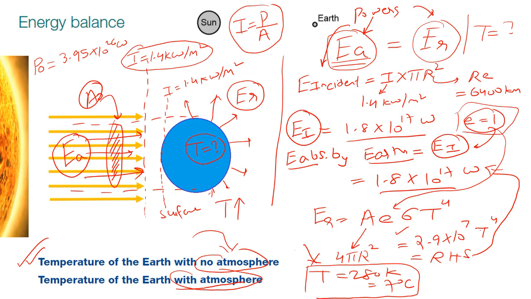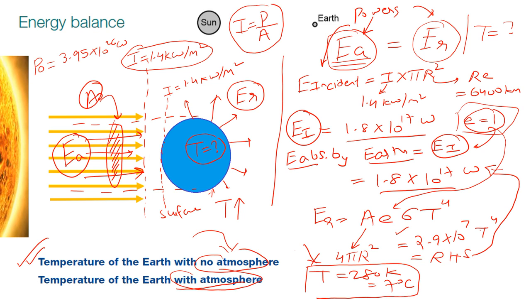Other than that, all the other values like the surface area and the sigma remain constant. So these two are the only things that can change. Let me give you the values and see if you can figure out the answer. The value of albedo A you can take as 0.3 for the earth, and the value of E can be taken as 0.6. See if you can figure out the temperature.